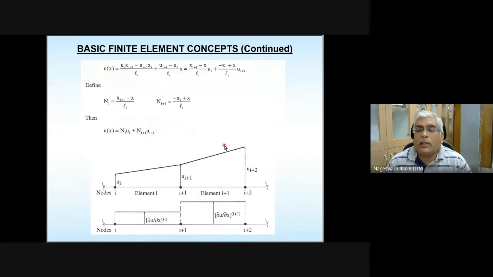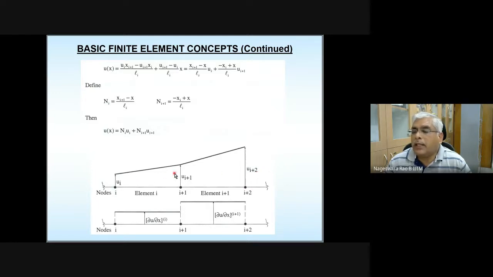And as also explained in the last class, in each element, u is varying linearly. This is the ith element, this is the i plus 1th element. The u value at the ith node is ui, at the i plus 1th node is ui plus 1, at the i plus 2 node is ui plus 2.